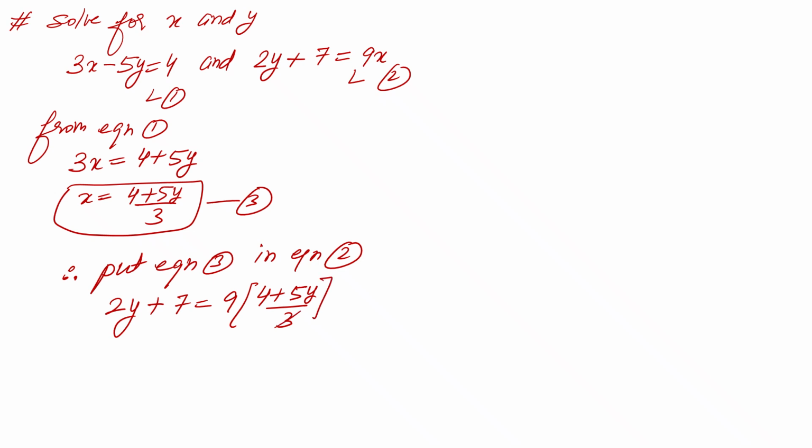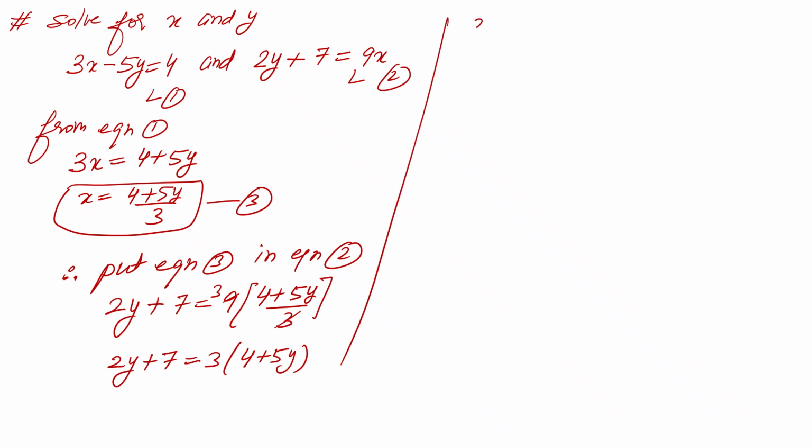This 3 gets cancelled. 3 3s are 9. So it would be 2y plus 7 equals 3 times (4 plus 5y). यहाँ से बनेगा हमारे पास 2y plus 7 equals 12 plus 15y.